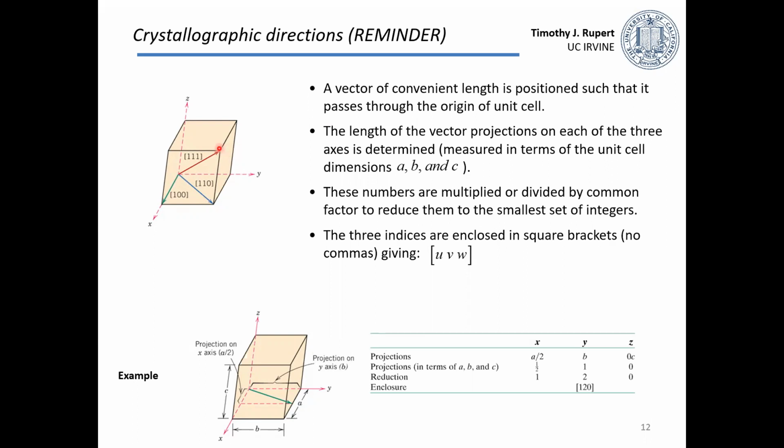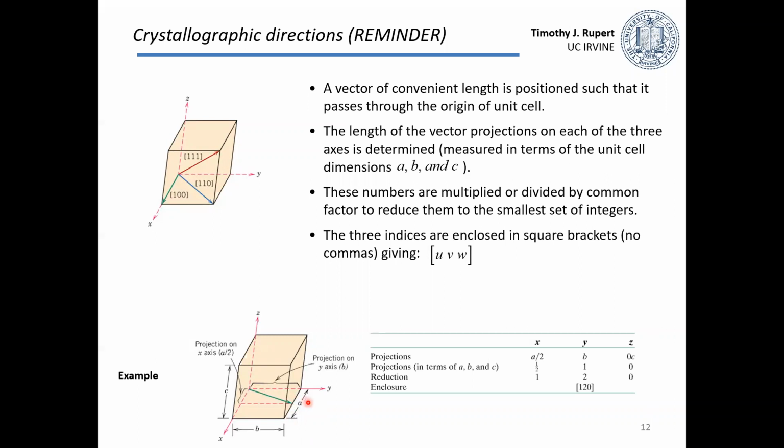Okay. So one common thing we do that we didn't talk about last time is that we often want to multiply or divide by a common factor to reduce this to the smallest set of integers. And just as an example of that, let's look at this specific box on this bottom. We want to describe this green arrow right here.